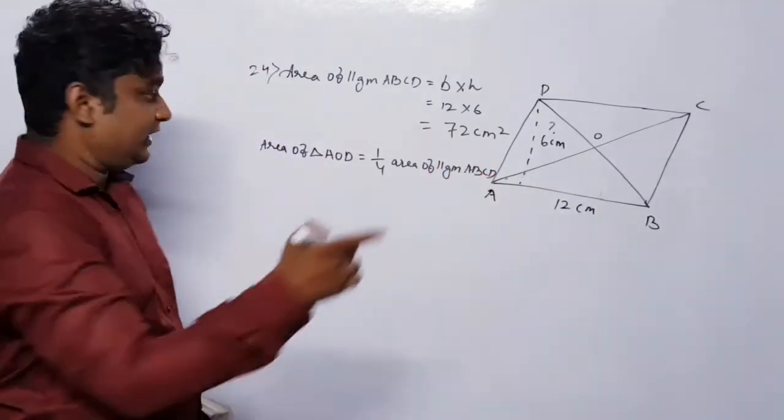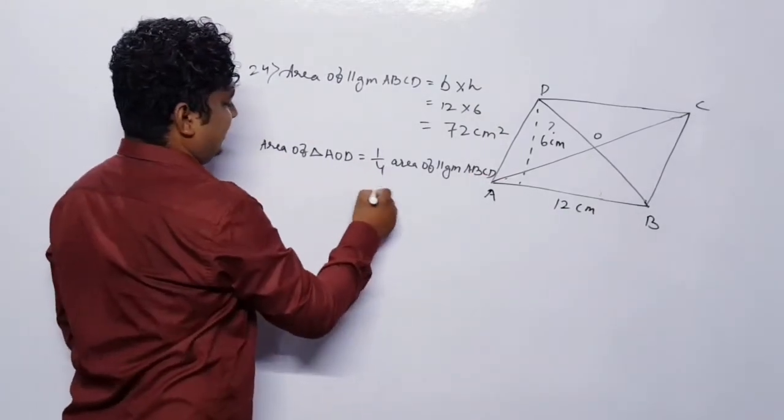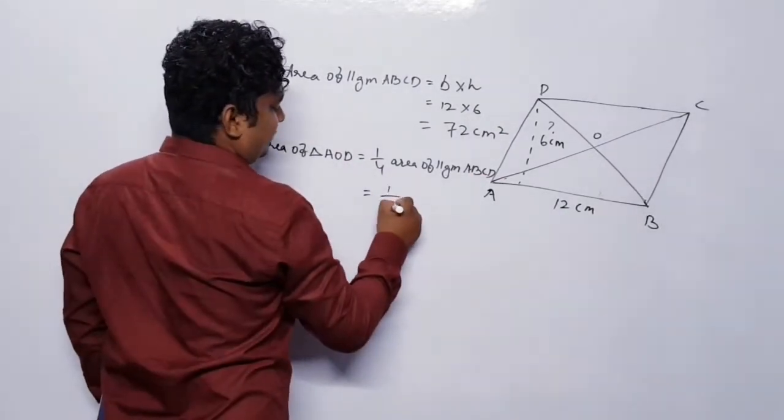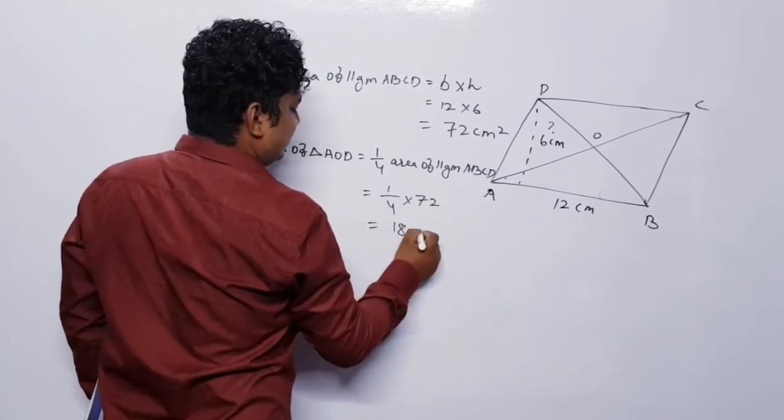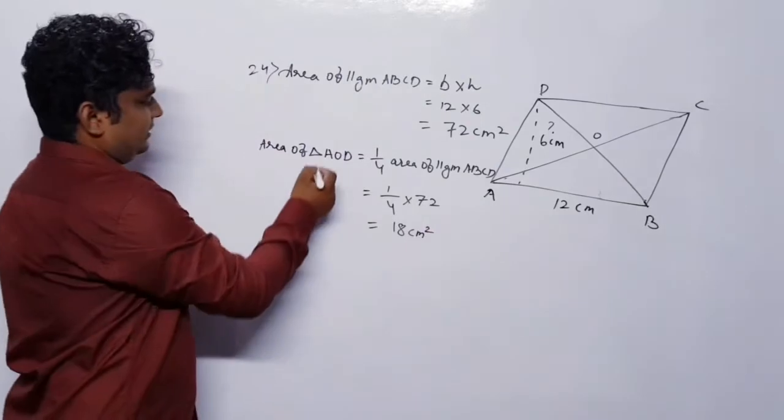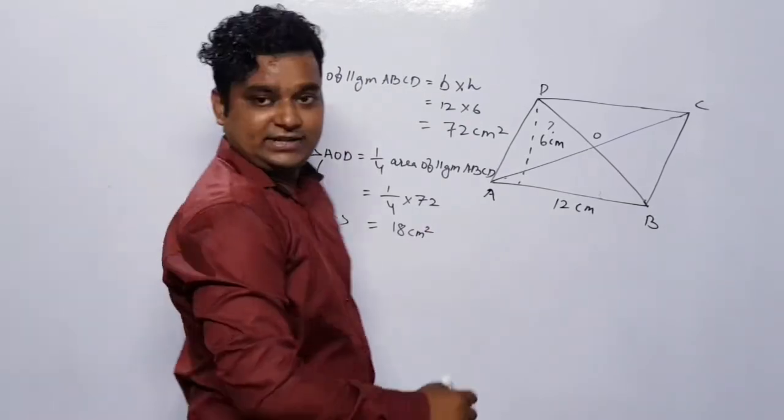So area of triangle AOD is equal to 1/4 into 72. So we will have 18 centimeter square. So this particular AOD is 18 centimeter square.